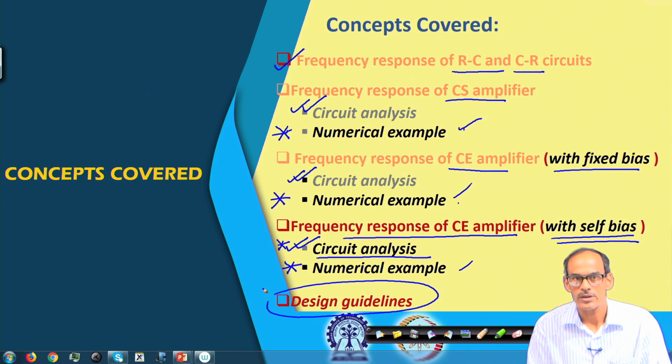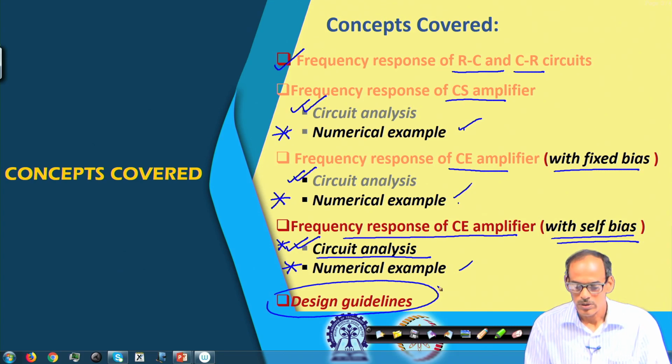In other words, if the lower cutoff frequency and upper cutoff frequency are given to us, then how do we find the coupling capacitor and what may be the possible load capacitance.